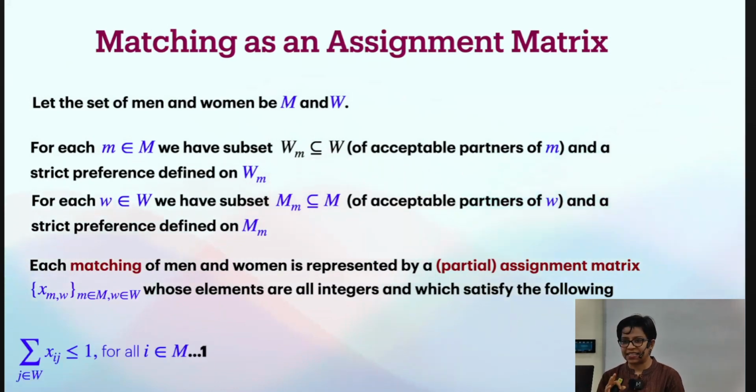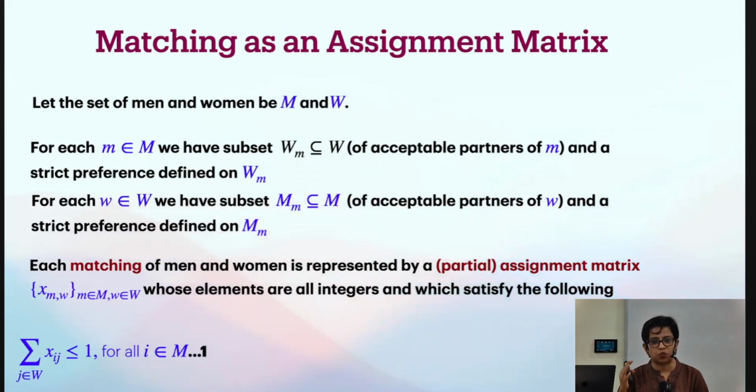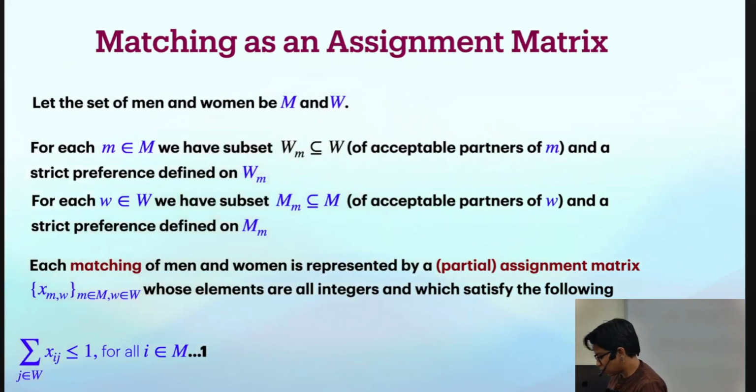So why is it a matching, and why did I say at most one 1? Because that's what matching is. You either get assigned to somebody or you don't. In the fractional setting, the entries are not necessarily 0-1, but every column and every row will add up to at most 1. Exactly equal to 1 may or may not be the case.